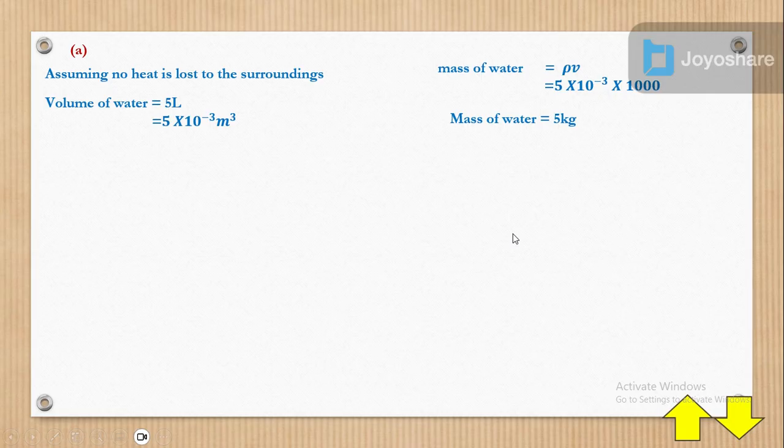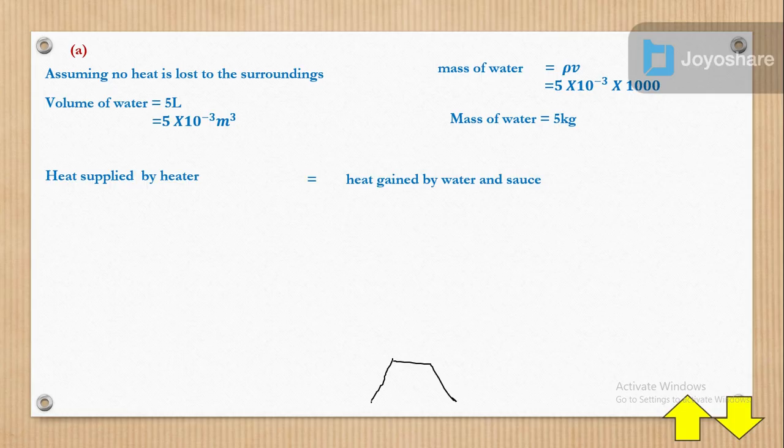Now, since you have the masses, let's get this fact: the heat supplied by the heater must be equal to the heat gained by the water and saucepan. In heat, say I'm assuming this is our water in a saucepan, and this is our heater.